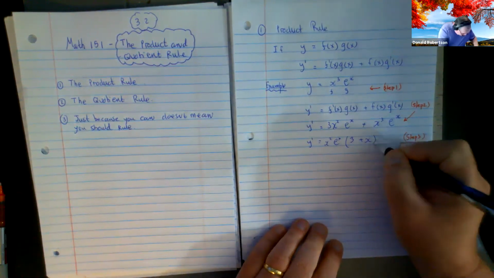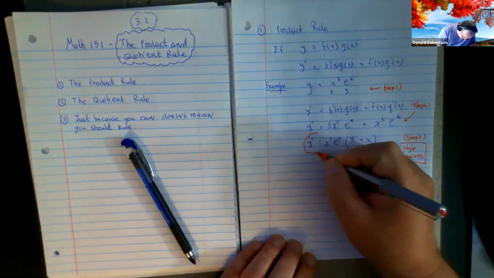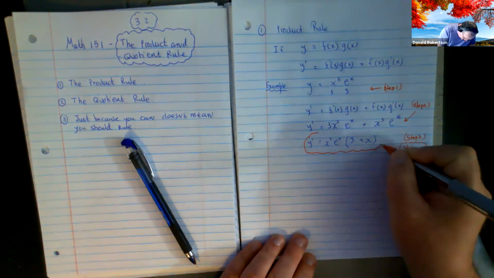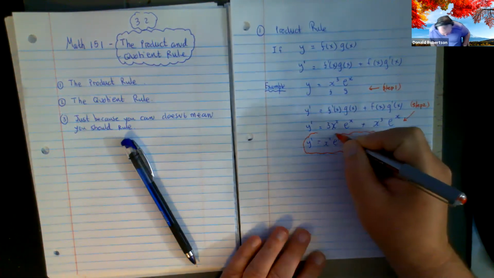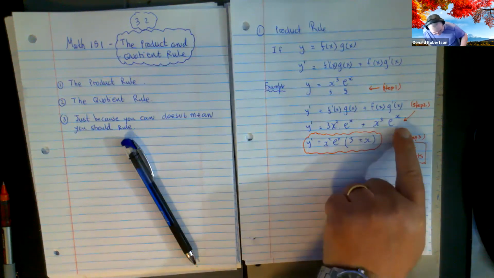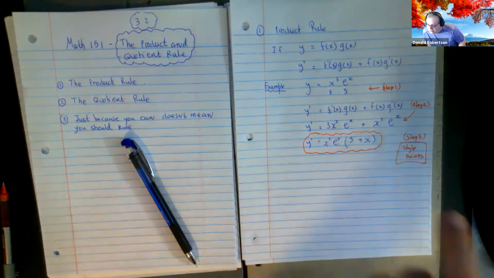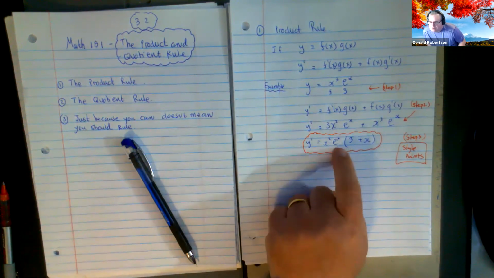And this is the correct final answer. And I do not care what WebAssign accepts. WebAssign may accept that. I don't care if it accepts that. I want you to get into the habit of doing this, because this is going to be your friend, believe it or not, although it's a lot of hard work.